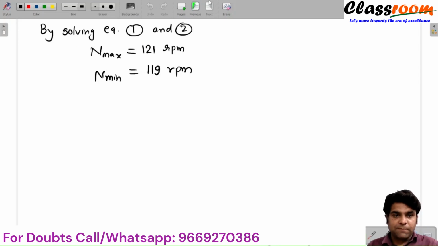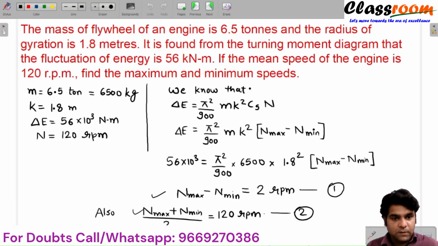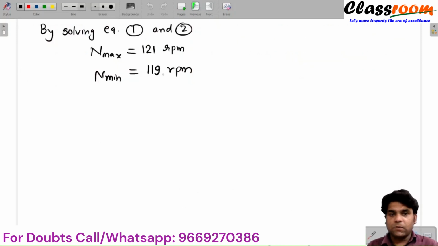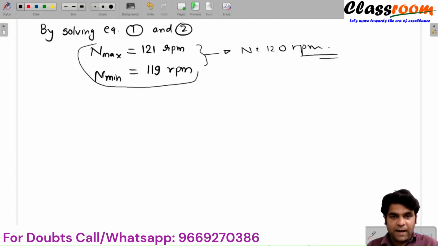And if I subtract 2 from 121, I get the value of Nmin, 119. The mean of these two values is 120, as given in the problem. So these are the final answers.